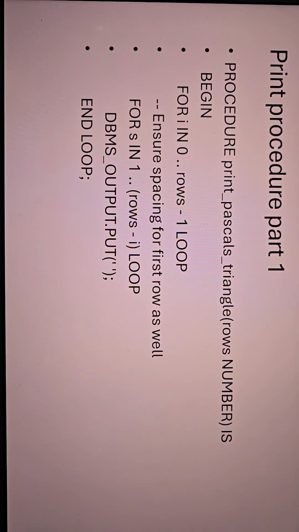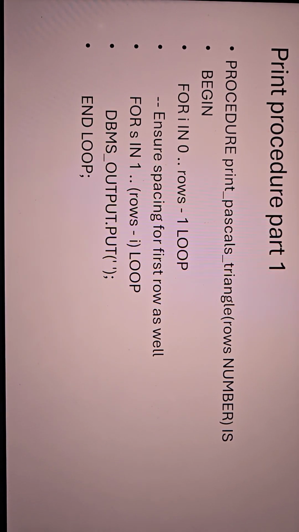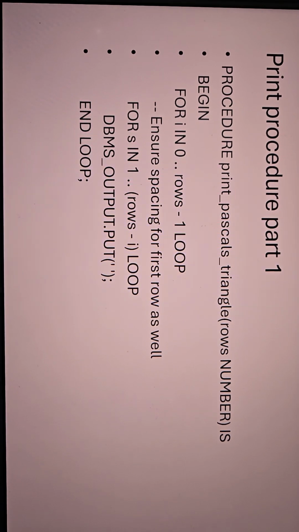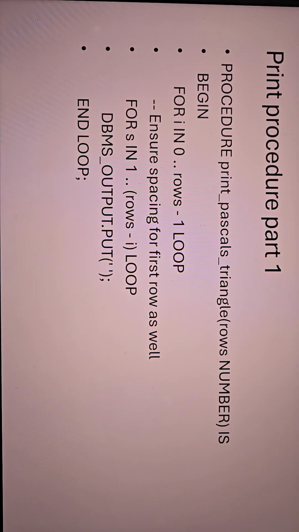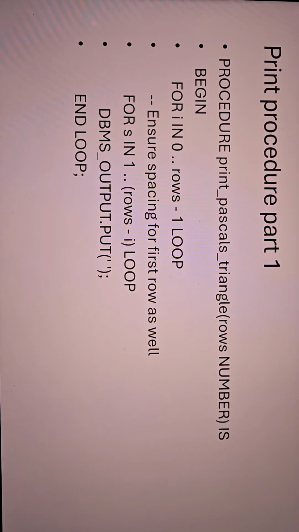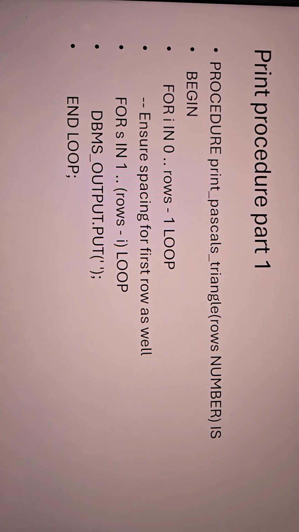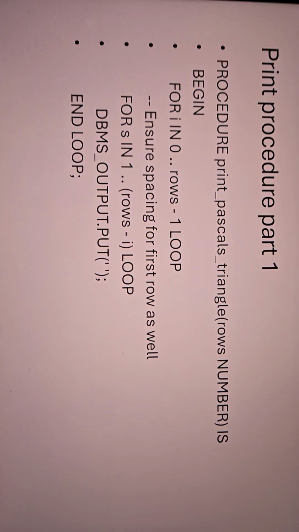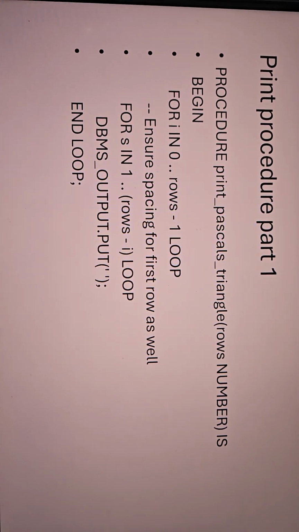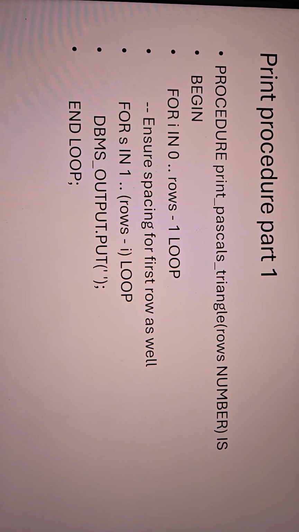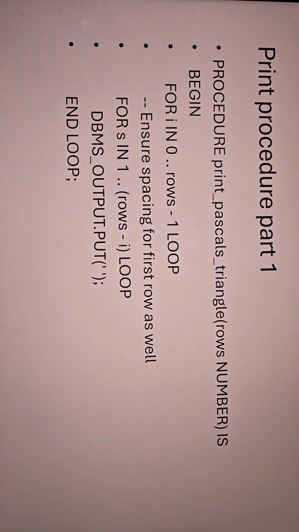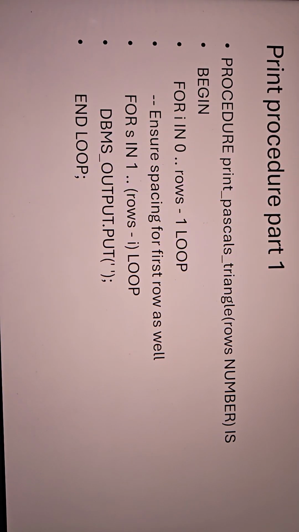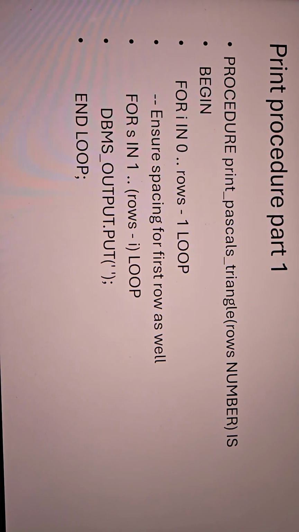So this is the first part of the print procedure. The print procedure ensures spacing by printing out spaces. The first part of the nested loop ensures there's spacing for the first row, and then the inner loop makes sure there's spacing for the entire row.